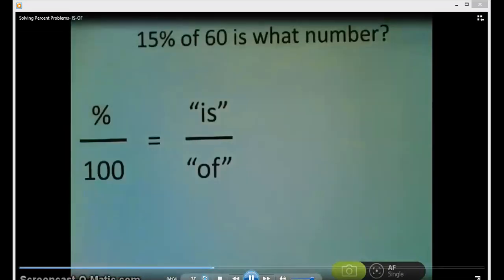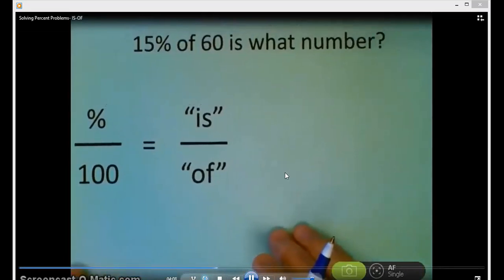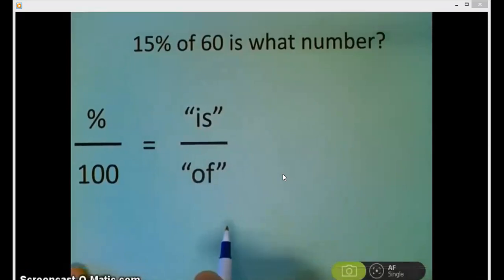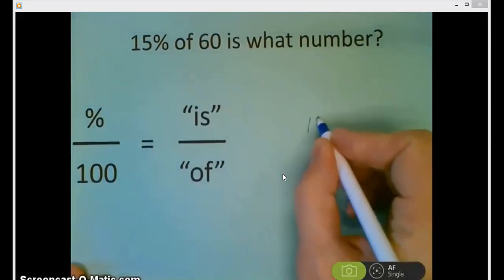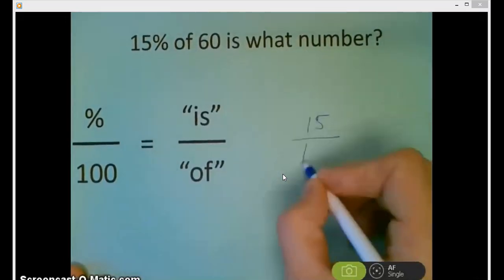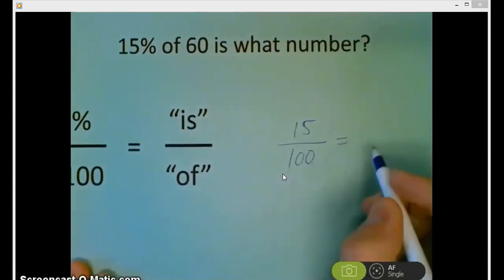Next problem. 15% of 60 is what number? Write down the problem, try it, and I will go over the solution. I'm given the 15%. The 100 always stays the same. There's my equal sign.